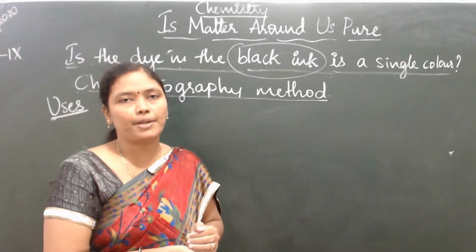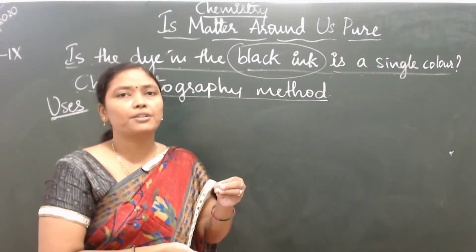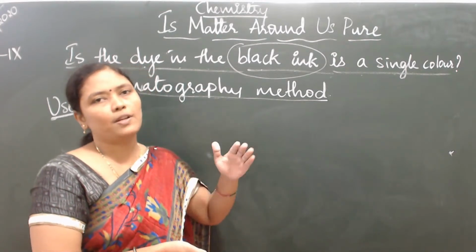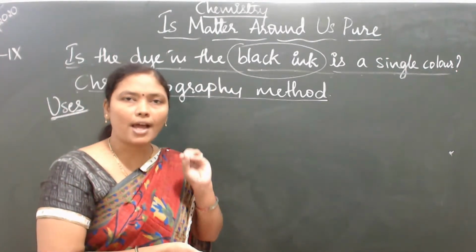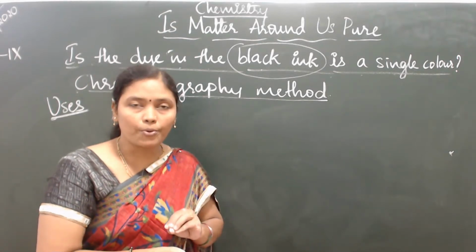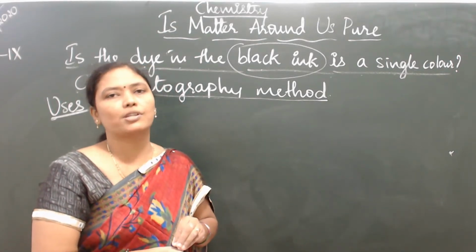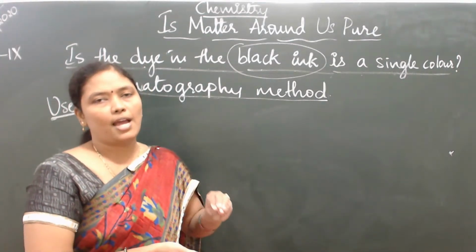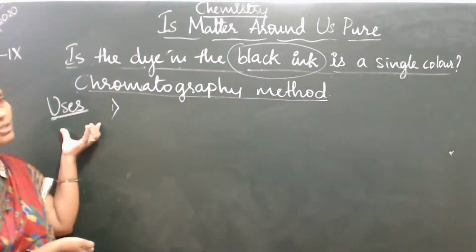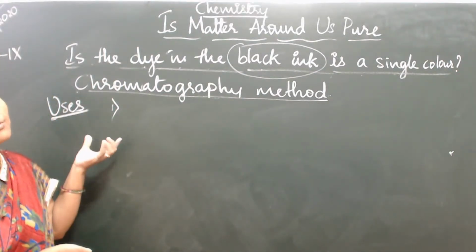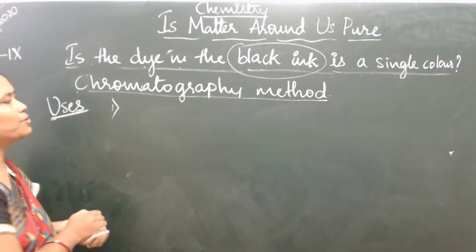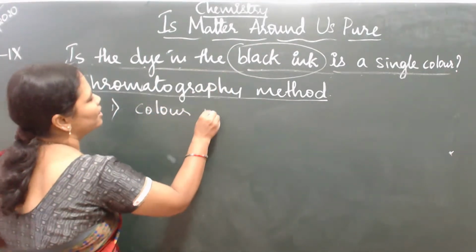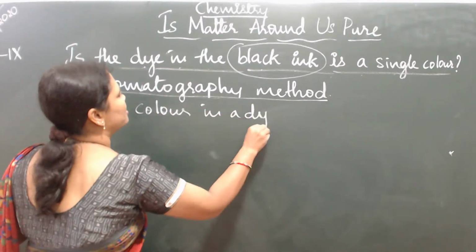And what is the principle behind this? The colored component which is more soluble in the water moves along with the water particles to a higher portion, and the colored component which is less soluble in the water moves along with the water particles to a lower portion. Now let us learn about the uses of chromatography. Where are we using this chromatography? We use it in the separation of colors, as we have learned in a dye.